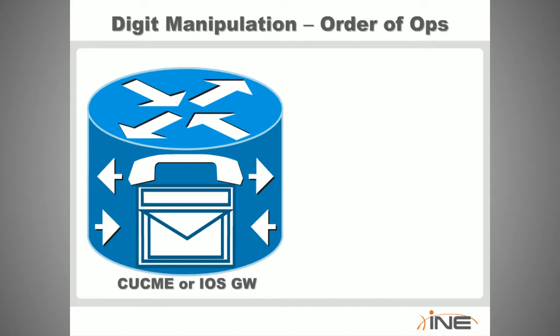Again, we covered this in depth in the last module, but just as a bit of a refresher before we talk about digit manipulation and where it occurs: the show voice register dial peer will just show us the dial peers only for our SIP phones, and then the show voice register pool and then the number of the index will actually show us more information about each pool and essentially phone, possibly multiple phones, we mentioned if we're doing SRST, and then also the dial peer or possibly dial peers that are created from the voice register pool.